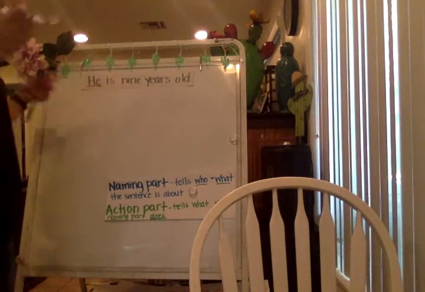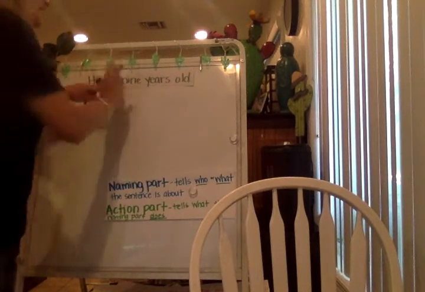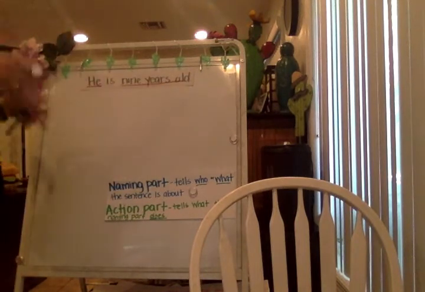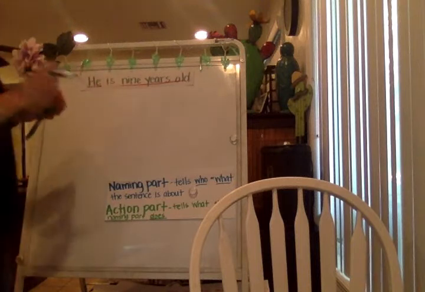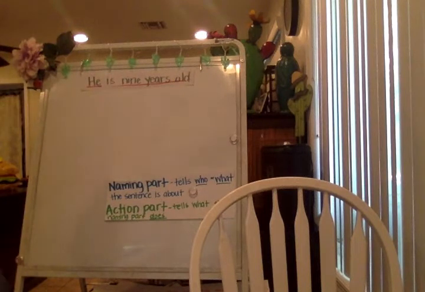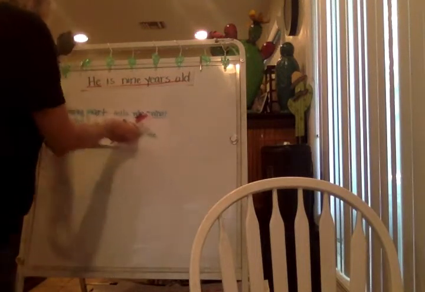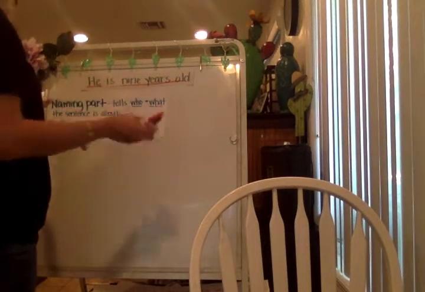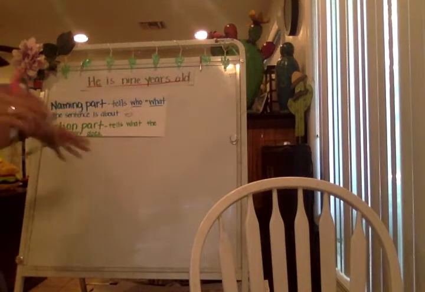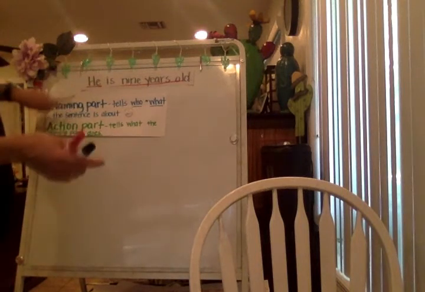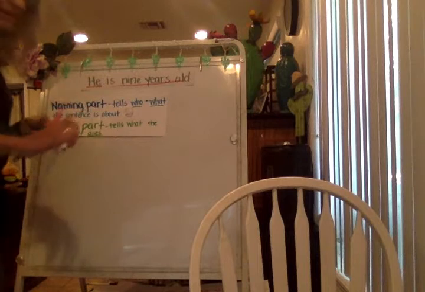And what is he doing? What is he? He is 9 years old. That's what he is. You might even include the is, and that would be fine. So looking at these, the naming part tells who or what the sentence is about, and the action tells what this person or what this thing does.